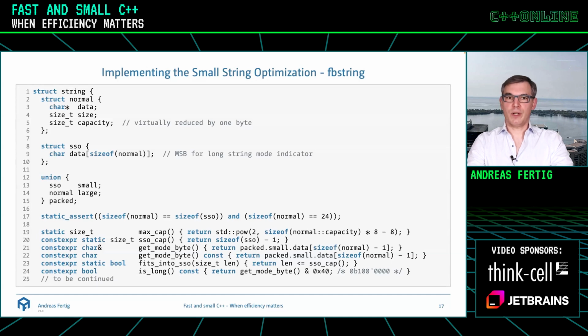So it checks whether the 7th bit in a byte is set. Why the 7th? Because the full Facebook implementation of fbstring has not only a short and a long string mode, they also have a middle string mode. And middle string would then be the 8th bit. So we have the 7th here.